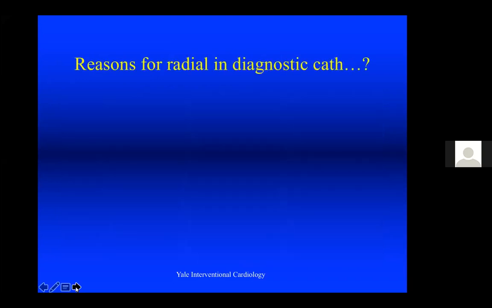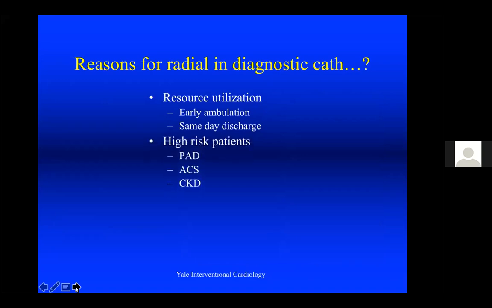The most important reasons in diagnostic catheterization that we think of when deciding about access is that radial access allows people to get up early and it's safer to discharge them home same day. High risk patients such as those with bad peripheral arterial disease.